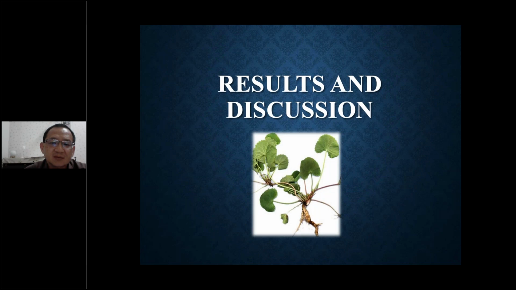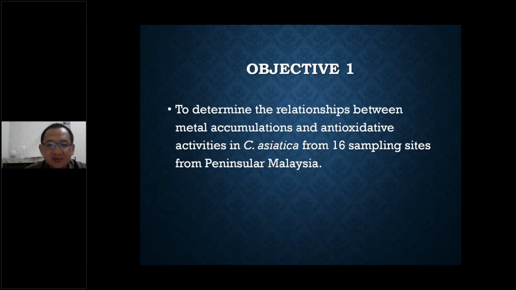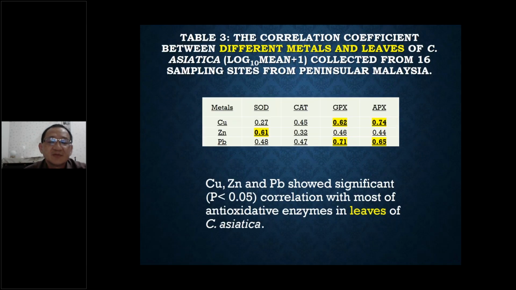For the first objective, we found that the Centella collected from the wild has some interesting significant correlations. For example, copper with GPX, copper with APX, zinc with SOD, and Pb significantly correlated positively with GPX and APX.